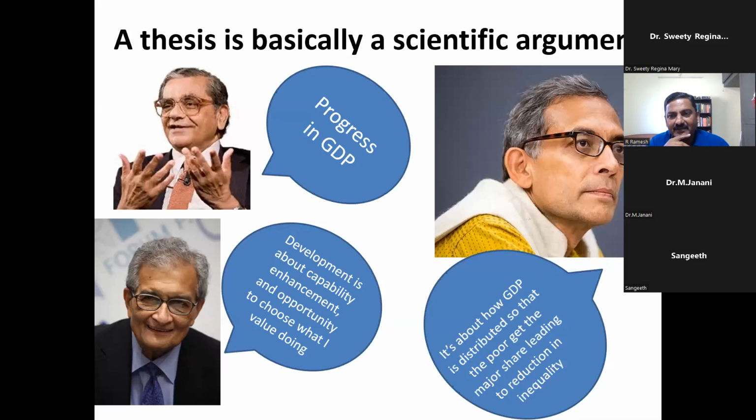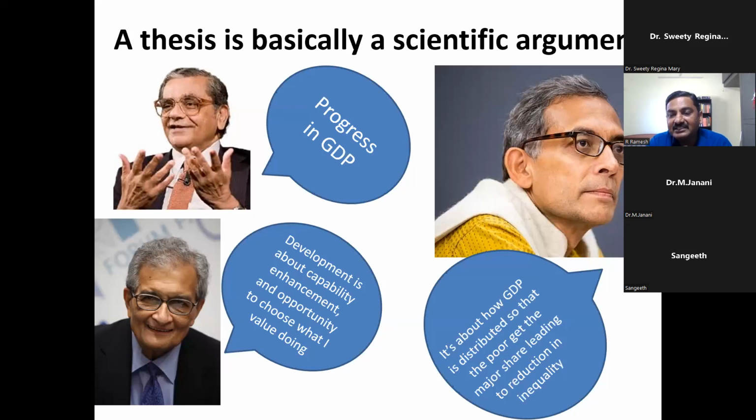And he is working on this over a lifetime. And there is another person saying, you can see the one on the right here. I hope you are able to recognize who this is, Abhijit Banerjee. He's saying it is about how GDP is distributed so that the poor get the major share, leading to reduction in inequality.